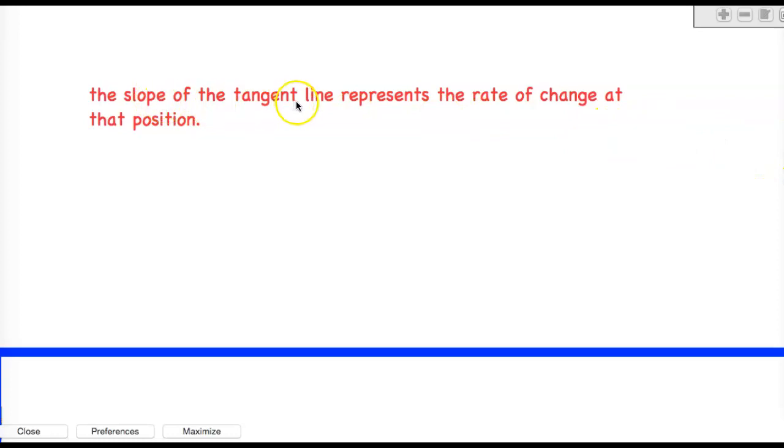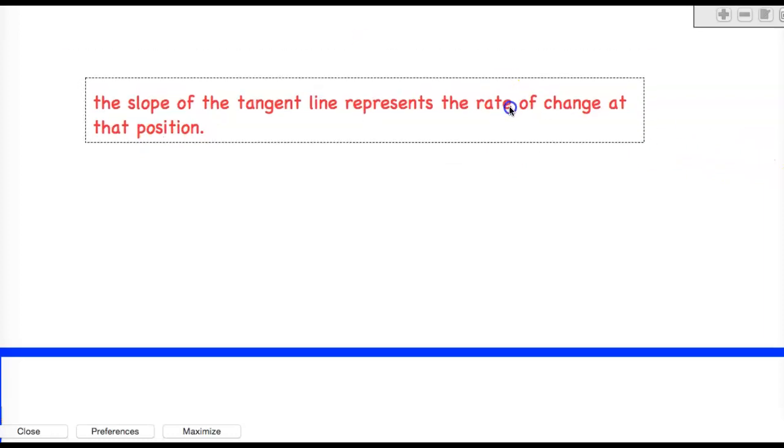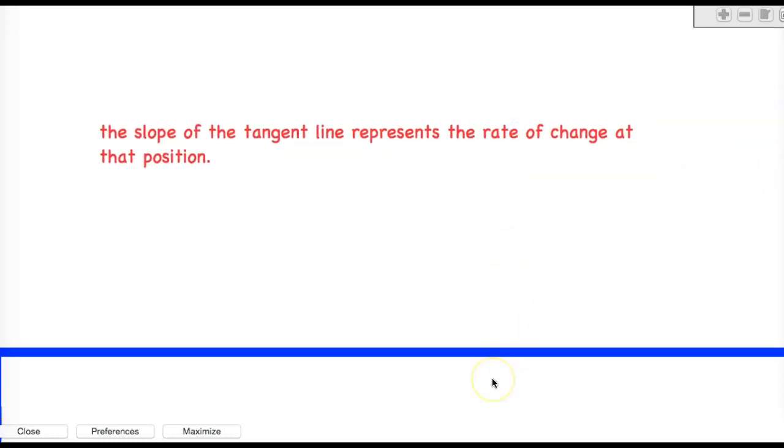Again, the slope of the tangent line is going to represent that rate of change at that position. The position is a point. So there are quite a few ways to interpret this slope of the tangent line, but it's really important that we get these key concepts down.